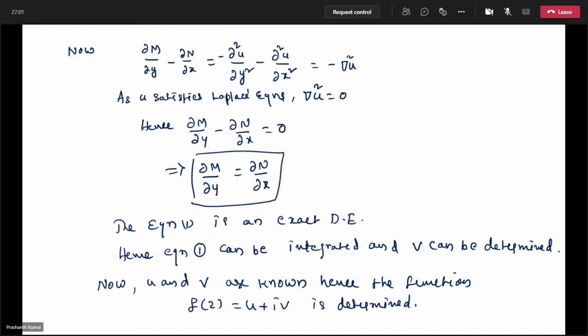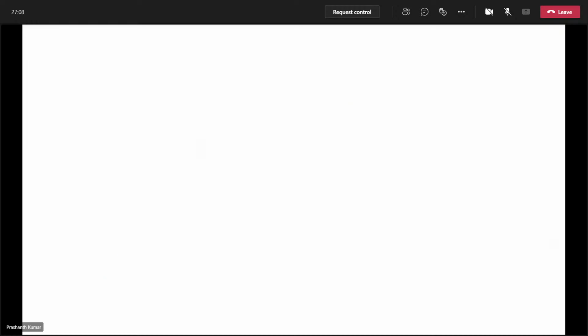Can I move forward? So method 2 is Milne-Thomson method. What is the advantage of this method?